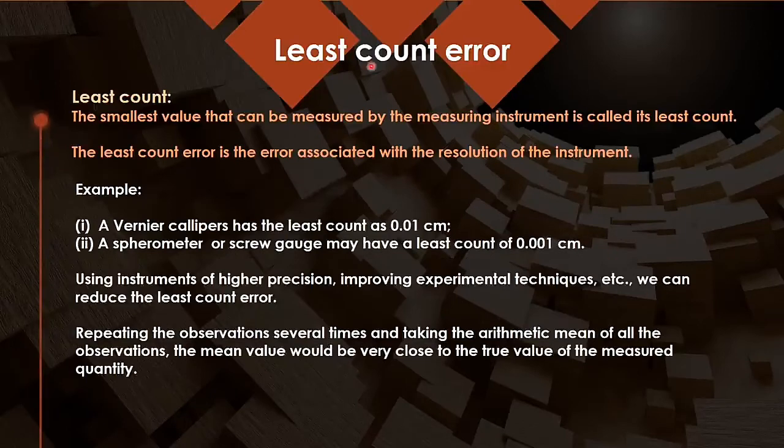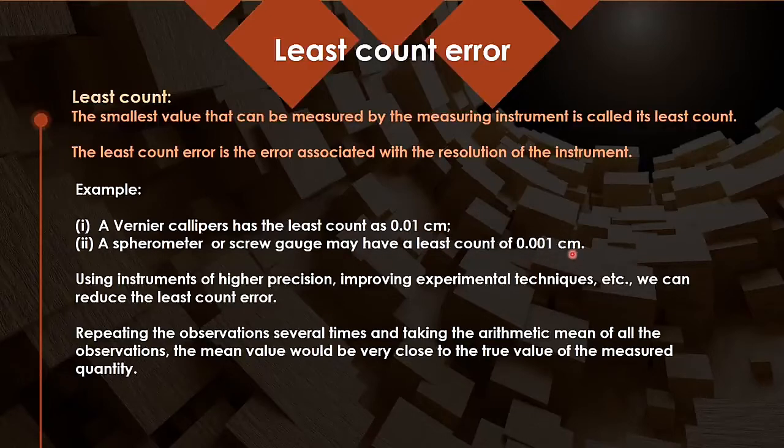Now similarly, I can have the least count error. Least count, you all know, is the smallest value which I can measure using any measuring device. We have already discussed that vernier calipers have a least count of 0.01 centimeter. Similarly, screw gauge has 0.001 centimeter.